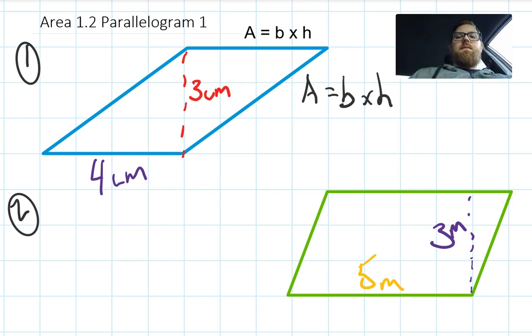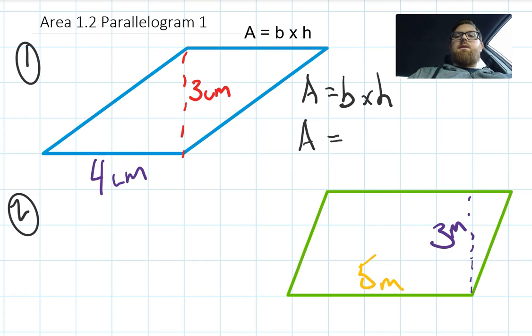And now I have to find out, well, what are each of those things in our parallelogram? So this one's the blue parallelogram. First for the base, I'm seeing which one is the base. I have 4 centimeters here and 3 centimeters here. The base is usually the bottom line there. So in this case, I know that it's going to be 4 centimeters.